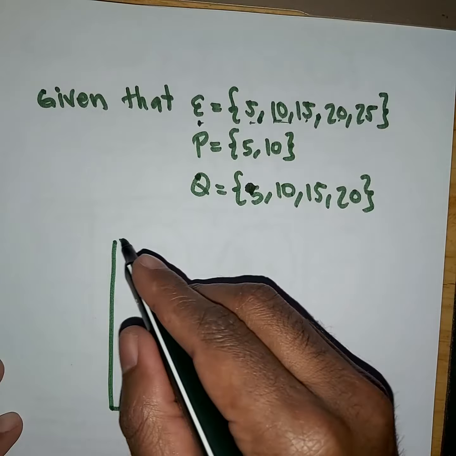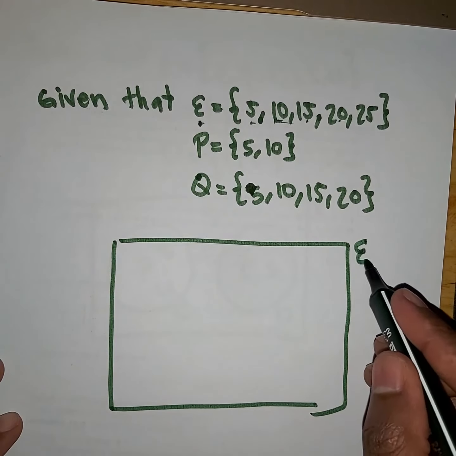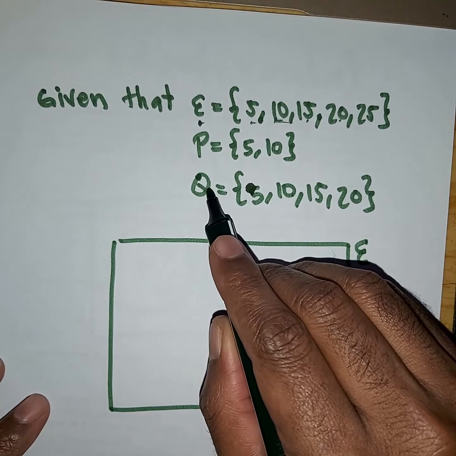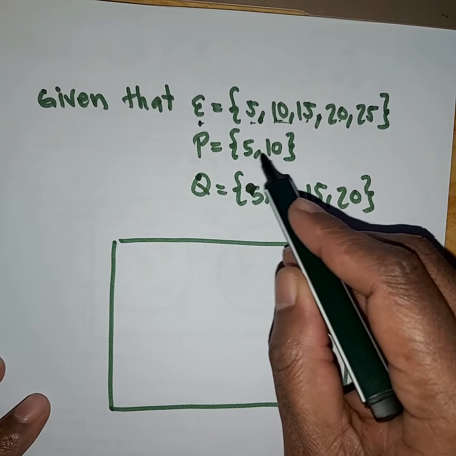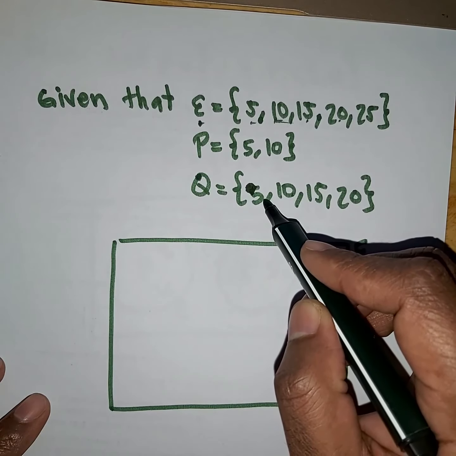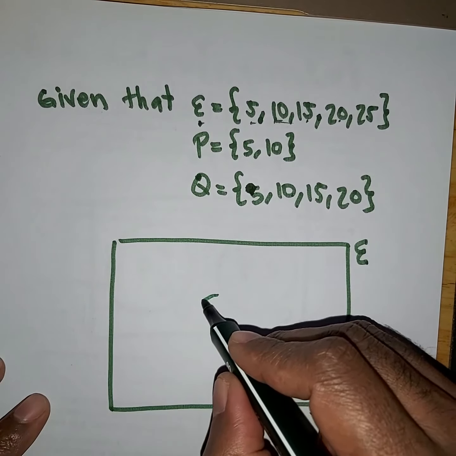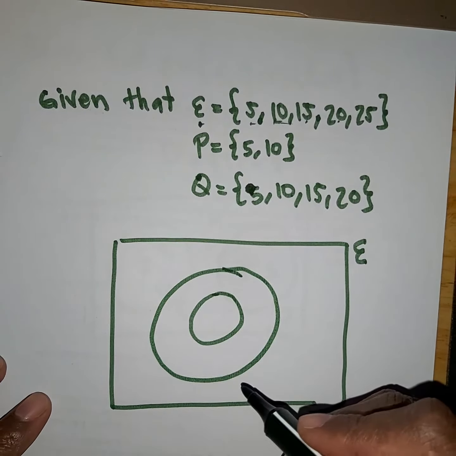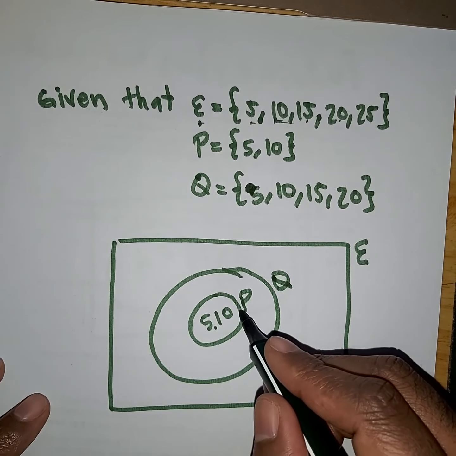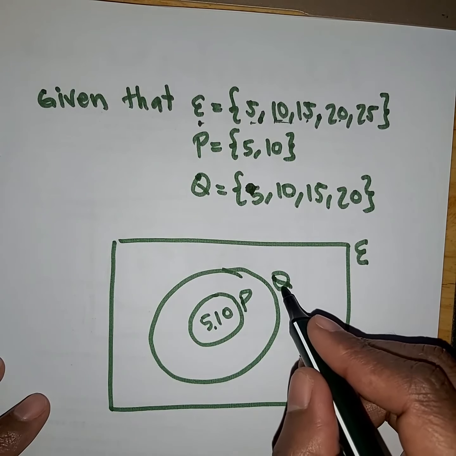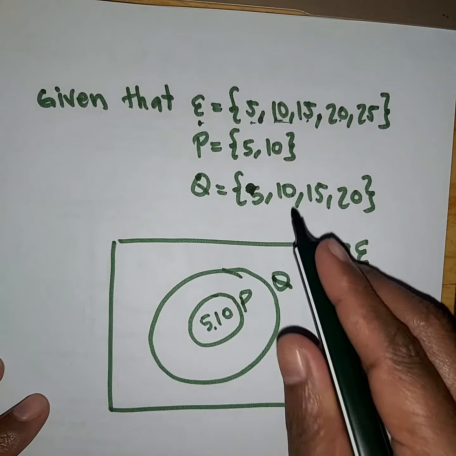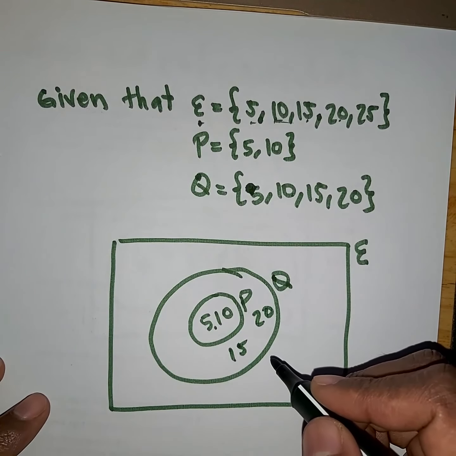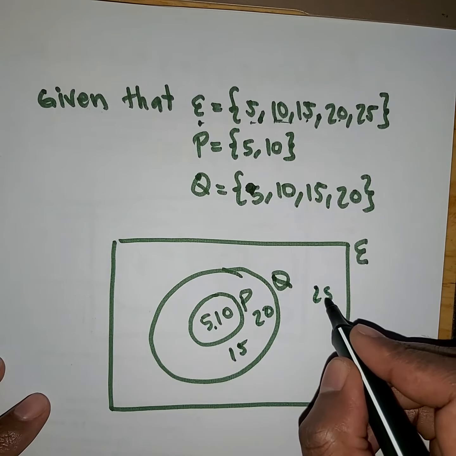First thing, a rectangle for the universal set. Then draw set P and set Q. Looking at the elements of set P, you find them inside set Q. So that means you draw set P inside set Q. 5 and 10 go inside set P, and they are also part of set Q. 15 and 20 are in Q only, and the remaining element outside is 25.